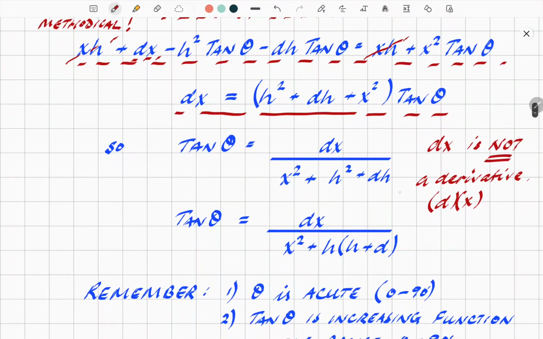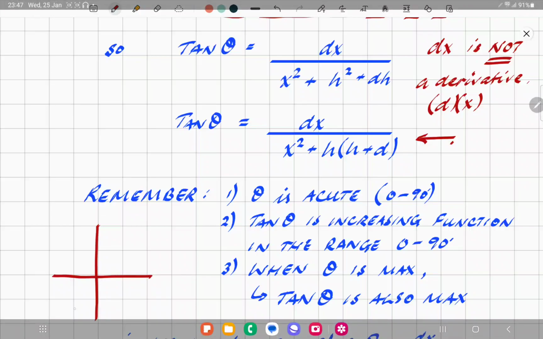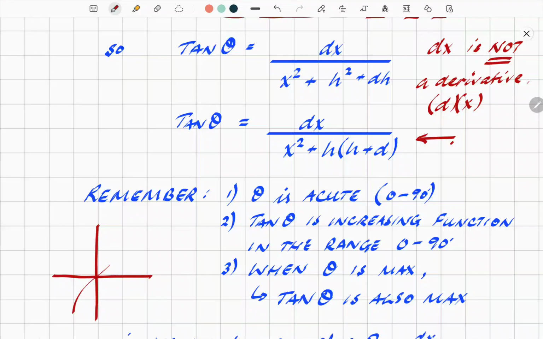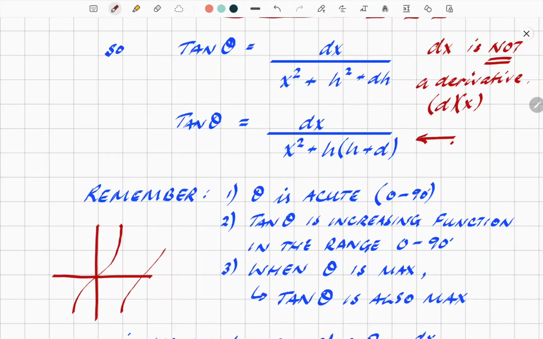And I'm just rewriting it in this form here, where it's x squared plus h times (h plus d). Just simple factorization, nothing special. Now here we're going to recall two things about the tan graph. If I just scribble it over here somewhere, remember that the graph is sort of like that.